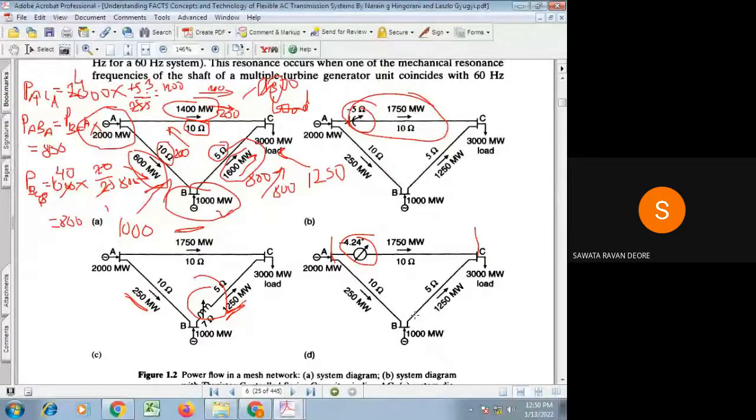Means we can limit the power flow of that bottleneck line and divert that power through other transmission lines where the margin between the actual loading and the rating of that line is available. So this is the possible solution for that problem.